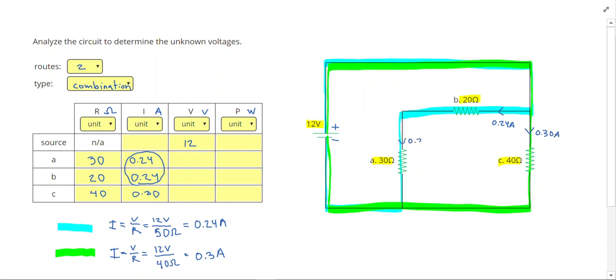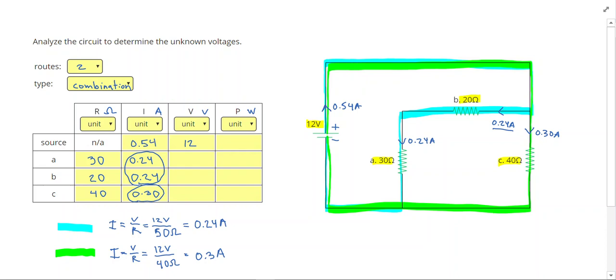I know that 0.24 amps went into B, but that was just a continuation of the 0.24 amps that go into A. Alright, that means coming out of the battery, I had to have 0.54 amps. And that's 0.24 plus 0.3 added together.